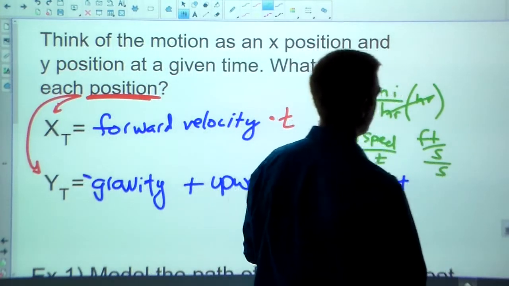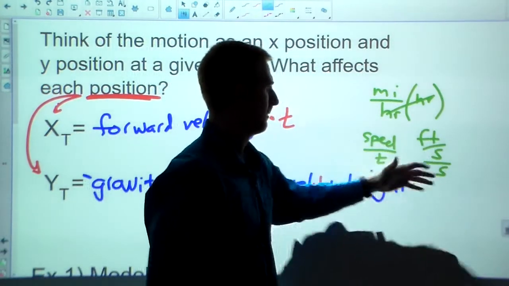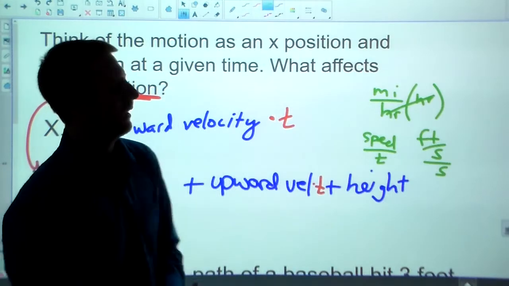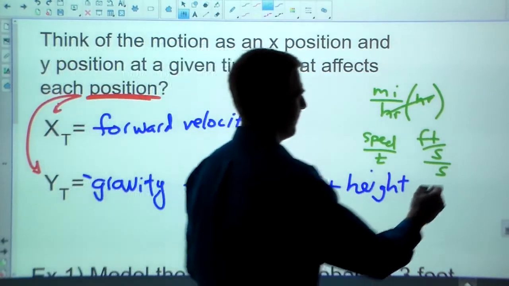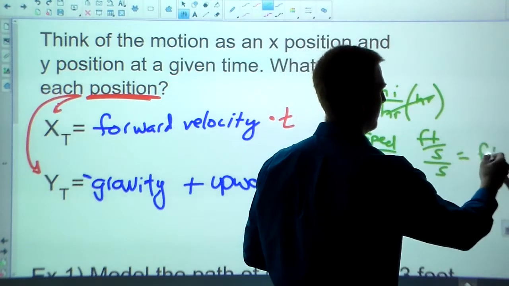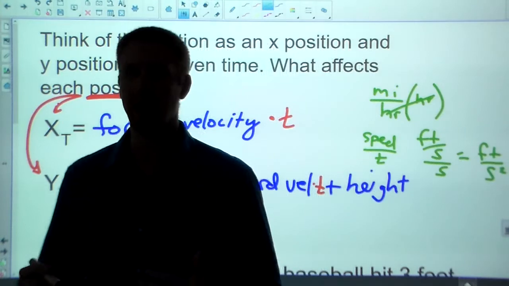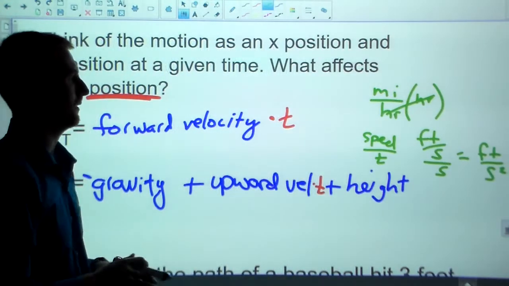So it's kind of weird. It's feet per second, because speed's feet per second, and time, in this case, would be in seconds. So however you want to work that out, flip and multiply or whatever, that's feet per second squared. So kind of a weird idea at first, but you'll eventually get used to it in physics.